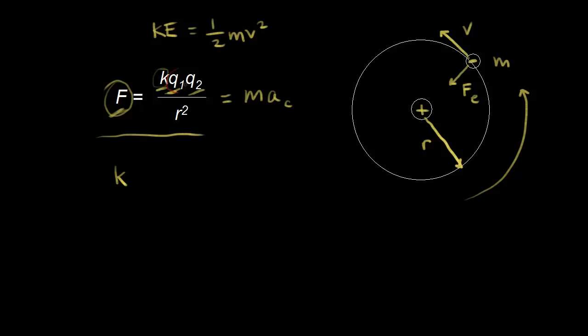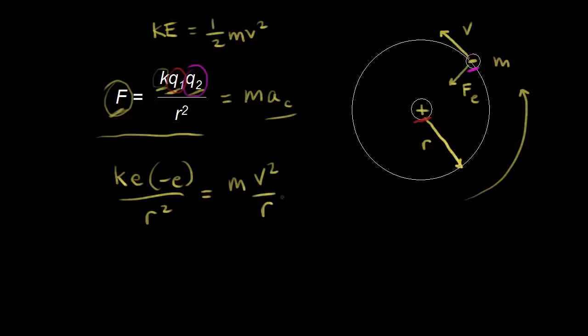Q1 is the charge on a proton, which we know is the elementary charge, so it would be positive e. Q2 is the charge on the electron. It's the same magnitude as the charge on the proton, but it's a negative value. So we have negative e as the charge on the electron, divided by r squared, is equal to the mass of the electron times the centripetal acceleration. So centripetal acceleration is equal to v squared over r.